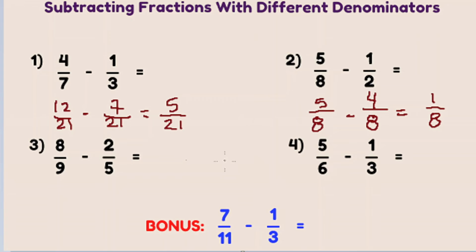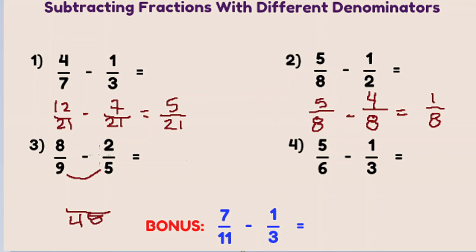Example 3. Let's go about this a different way. So what we're going to do here is use something called the butterfly method. So first step in the butterfly method is to multiply your denominators together, which gives you 45. And the reason for that is that if you multiply these 2 numbers together, they're obviously multiples of each other, right? Now, it may not be the lowest common multiple, but it is a multiple.